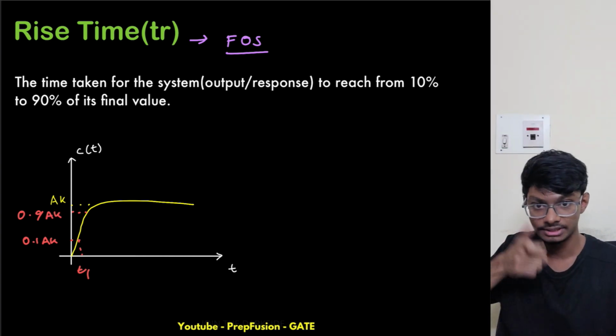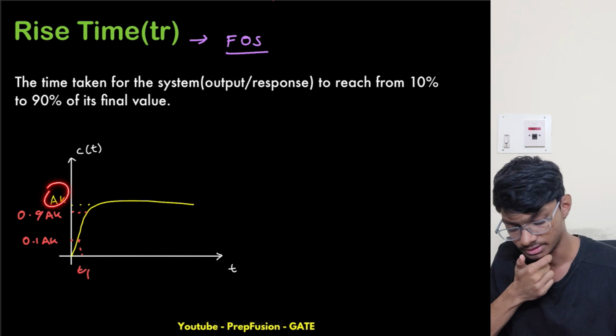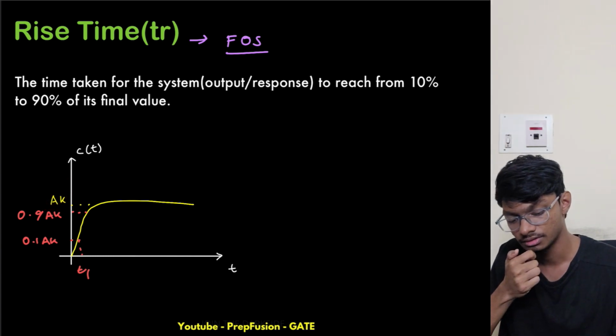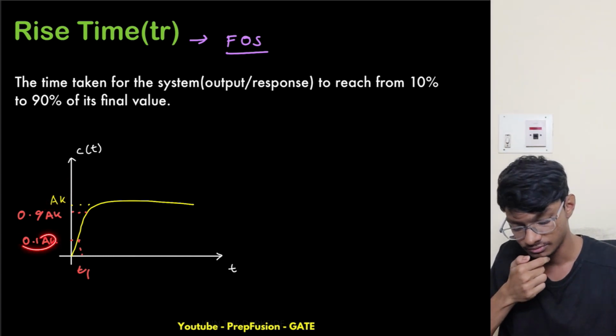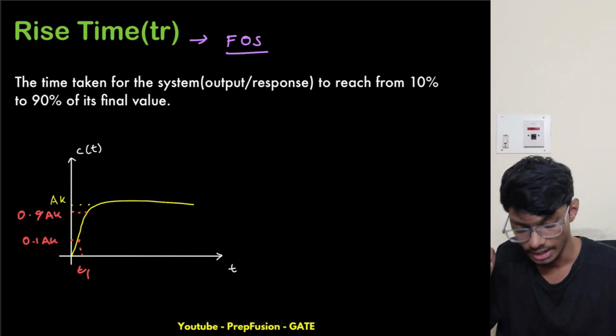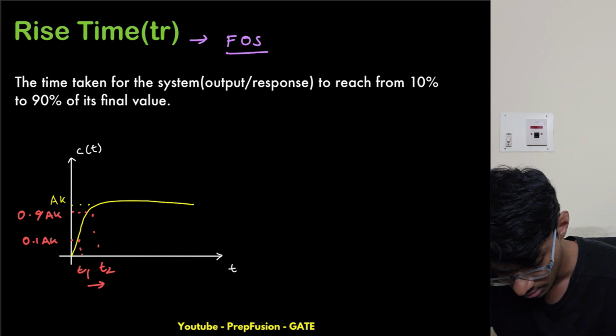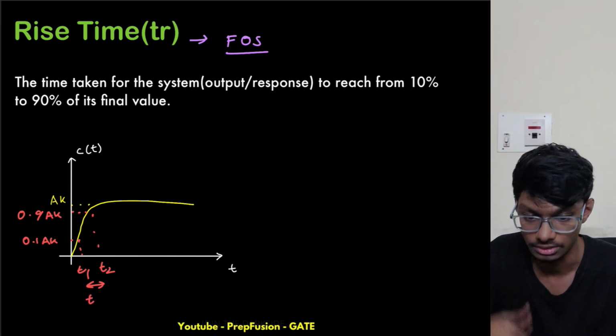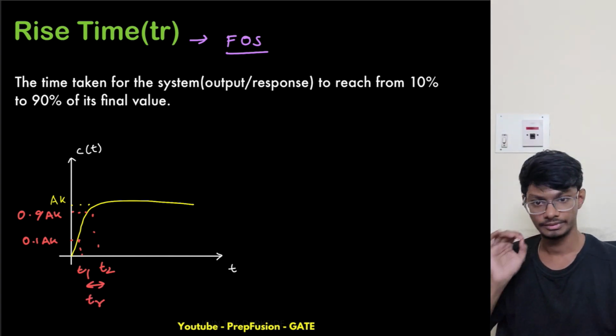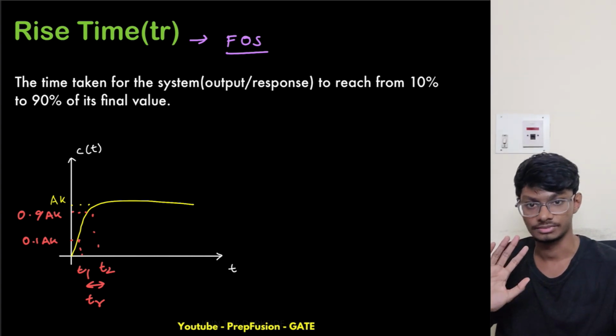So this is the 10% of the final value, and this one is the final value. I will compare with the final value: 10% of the final value and 90% of the final value. The time between T1 and T2 will be TR. So this is the rise time basically.